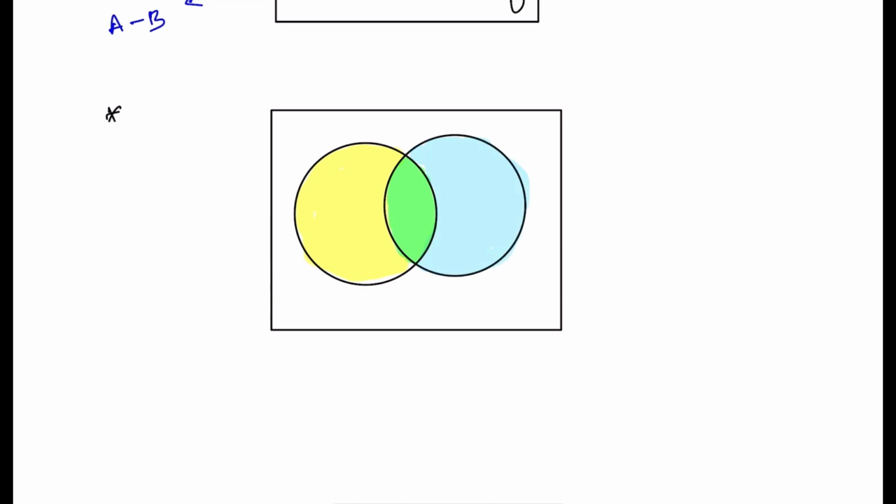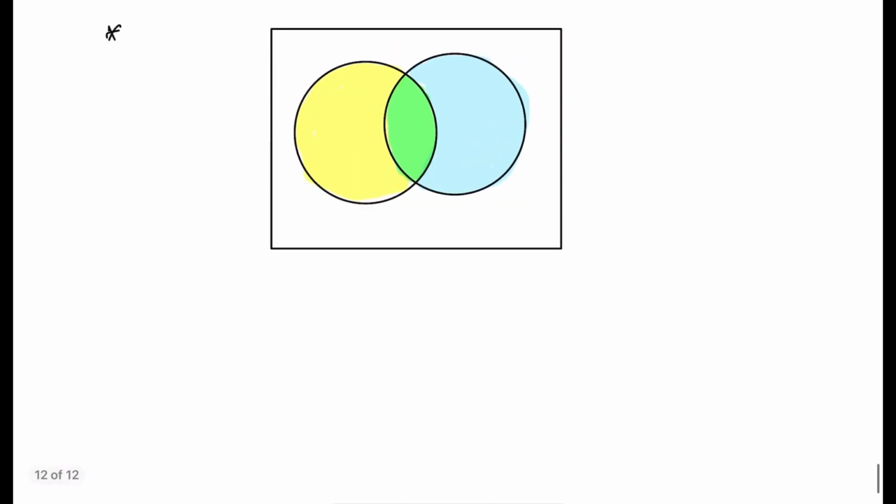So I have shaded three regions here. This region was A minus B.